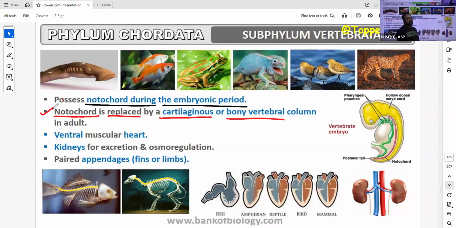Because although they may not be related to this particular context, you will have the mention in the chapters on locomotion and movement, and then neural pathways, that is neural coordination and integration. So from now, just write the line and remember it. Then, like any other chordata, they will have a ventral muscular heart. When we say muscular heart, what does it mean? Myogenic and made of cardiac muscles.